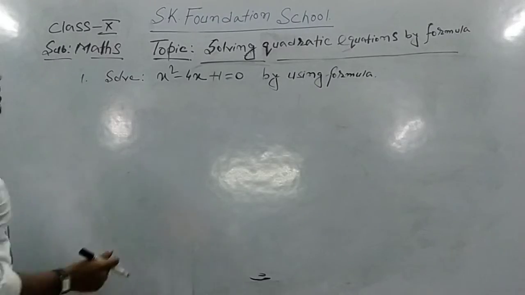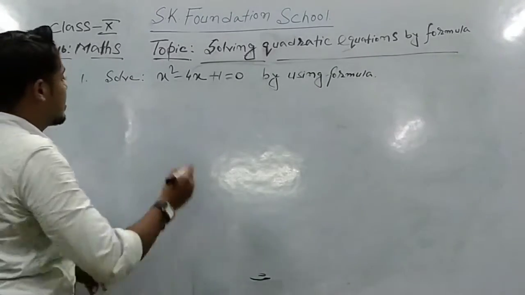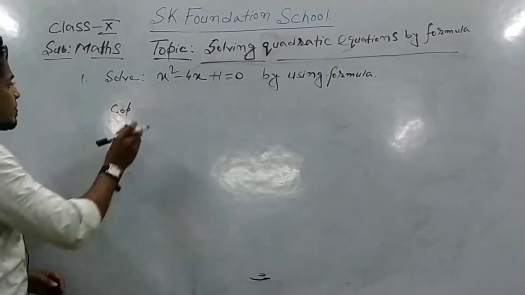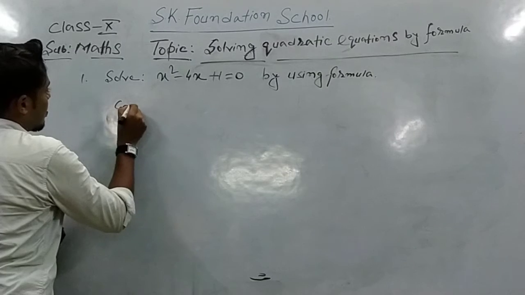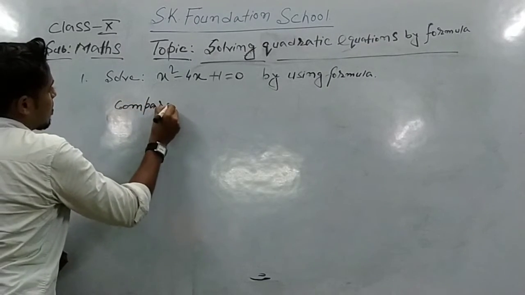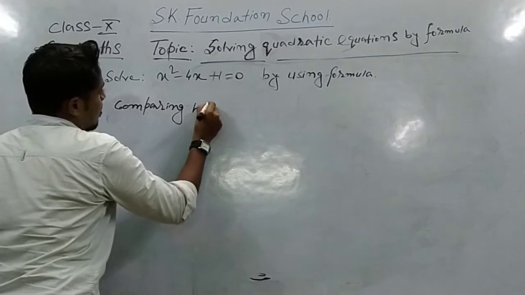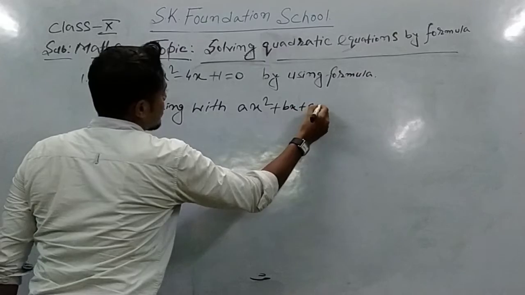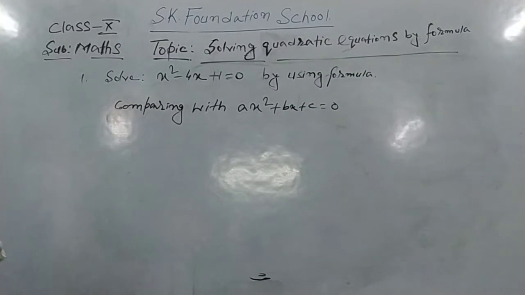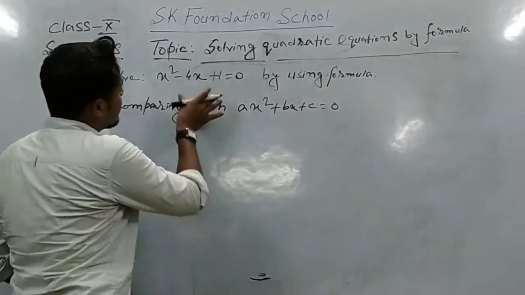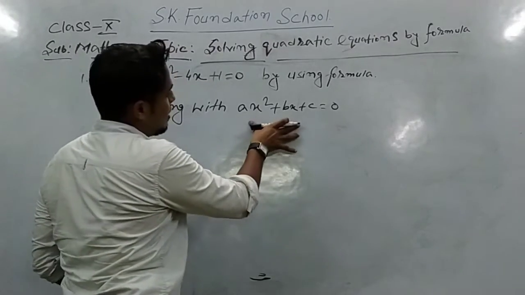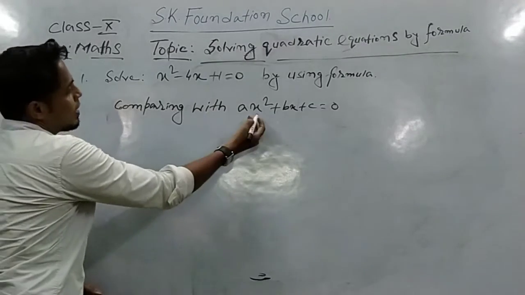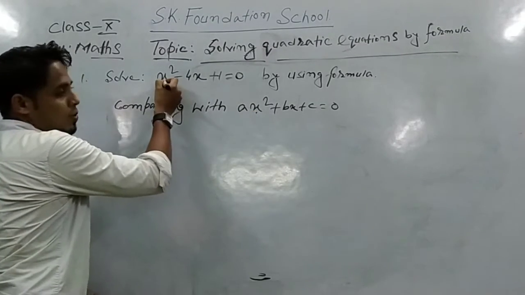First we are going to compare this equation with ax square plus bx plus c equals to 0. When we compare these two equations, look here: x square, this one also x square.